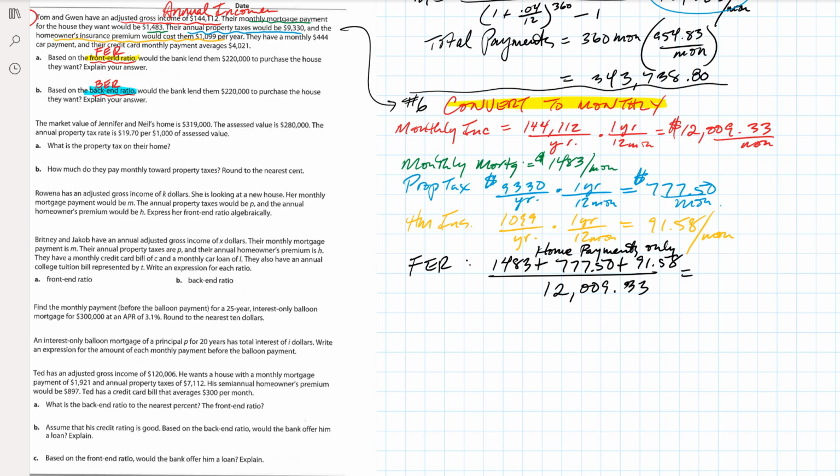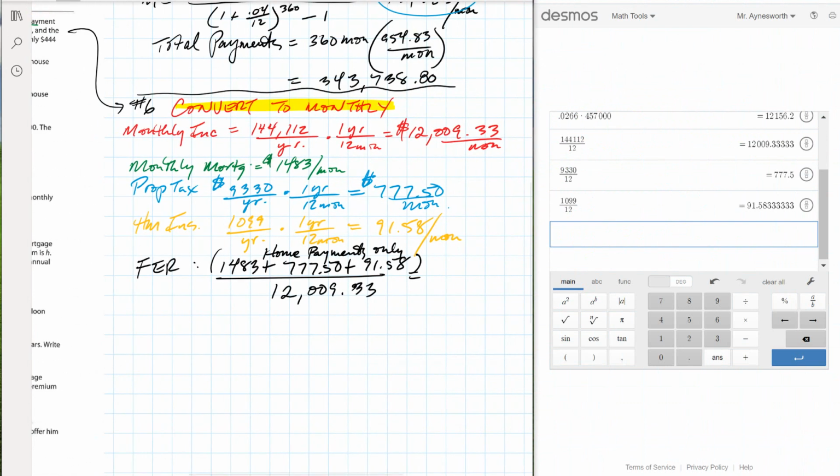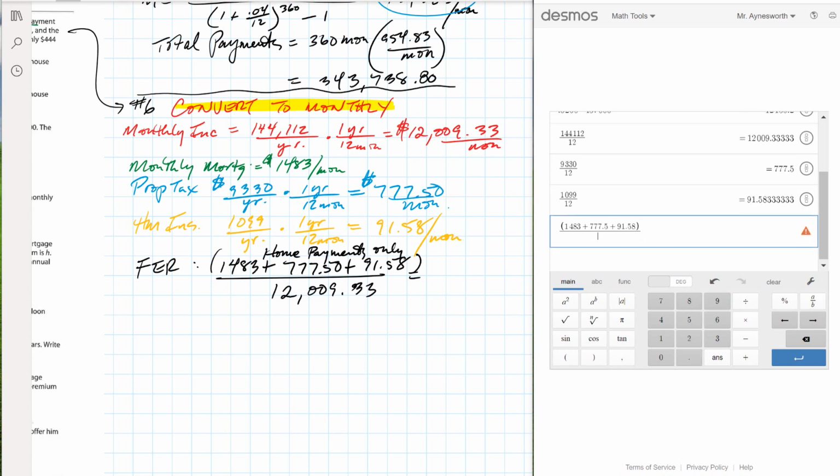Okay, so let's do this. I take all of this and divide it by the gross monthly income. So 1483, in parentheses, plus 777.50, plus 91.58, divided by the total gross income, $12,009.33.